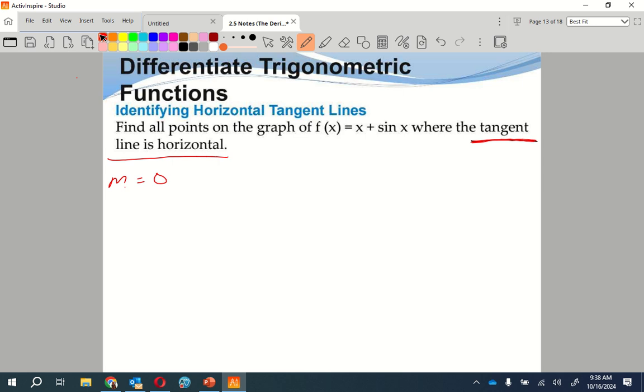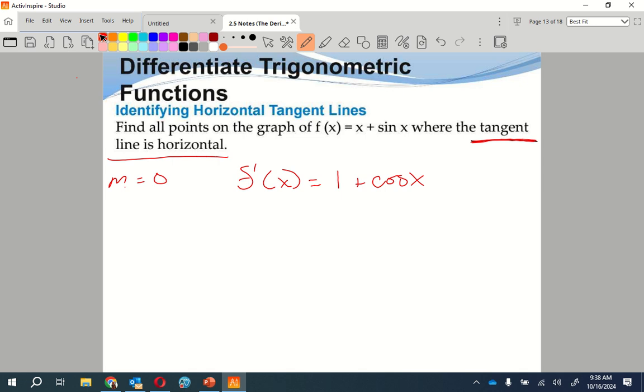So, let's see. So f prime of x is equal to, derivative x is just going to be 1. Derivative of sine x is cosine x. So there's my derivative. And I want my slope to be equal to 0.